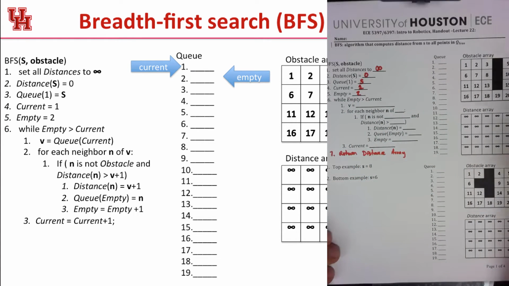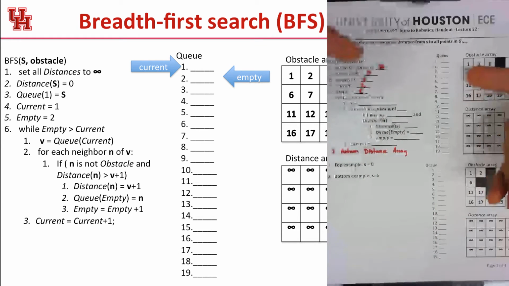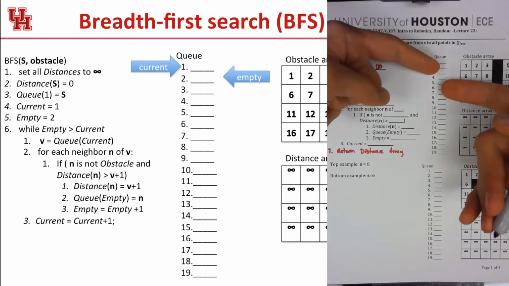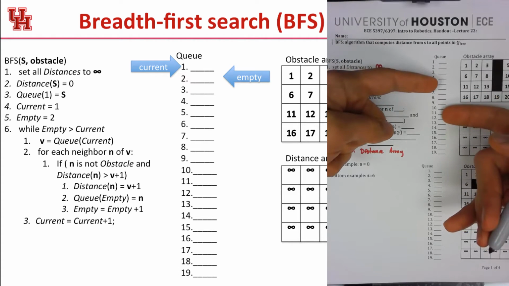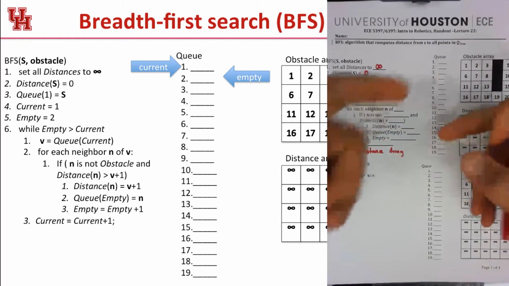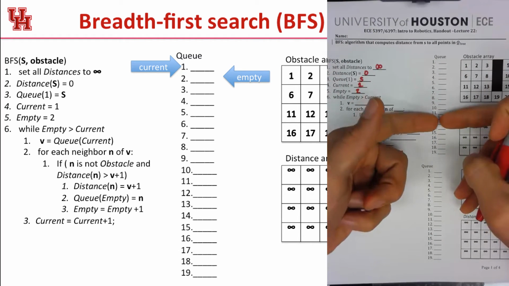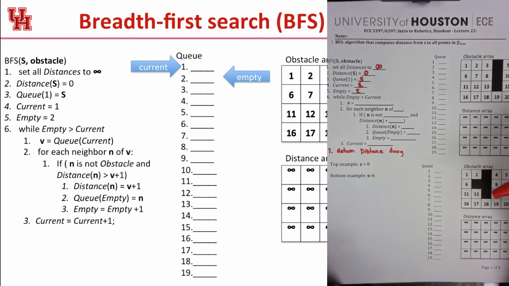So it's at 2. And we're going to go through this loop as long as there's a difference between my 2 pointers, because I'm going to be moving current down and extending empty. As long as there's a distance between the two, I'm going to continue working till the very end. My current will catch up with empty, and there'll be nothing left in the queue to look at.